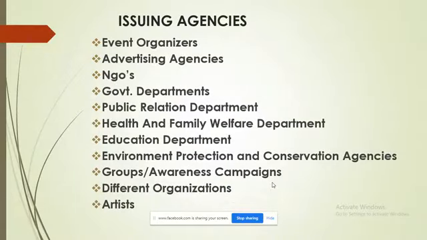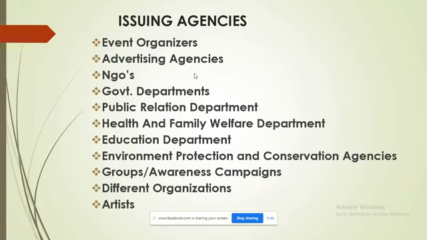Now, what are the issuing agencies of posters? Who issues posters actually? So, dear children, generally the event organizers issue posters. Event organizers, for any program, for example, the book fair, or some cultural events, or some programs. Advertising agencies, yes, many times advertising agencies also issue posters.